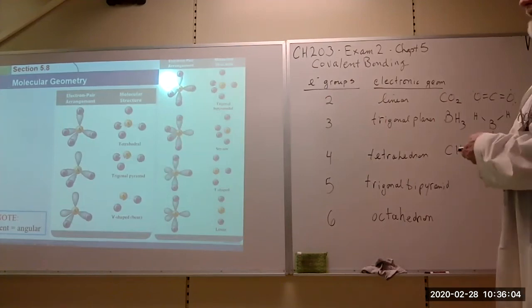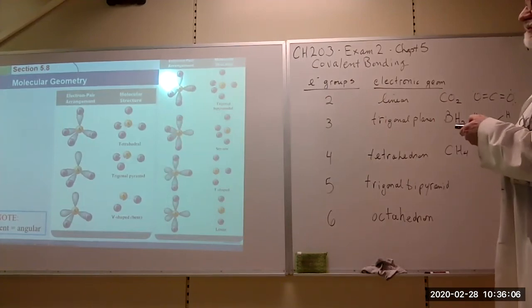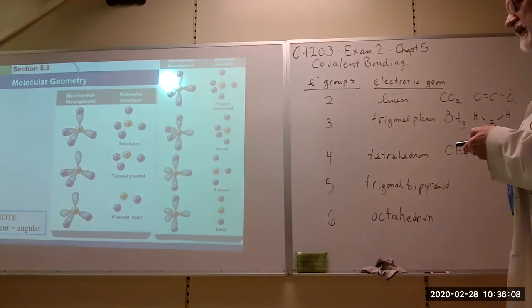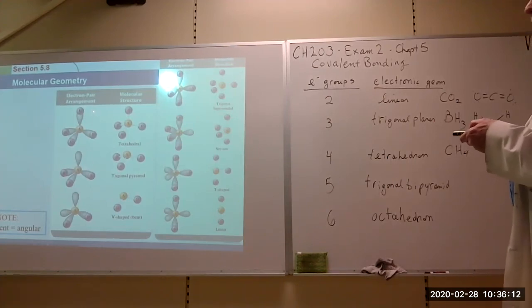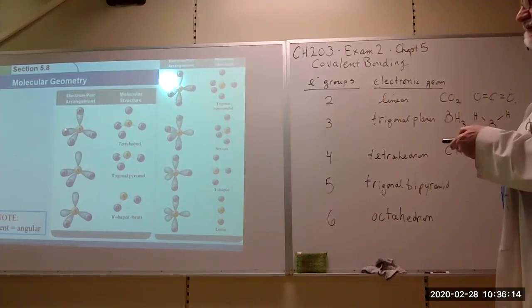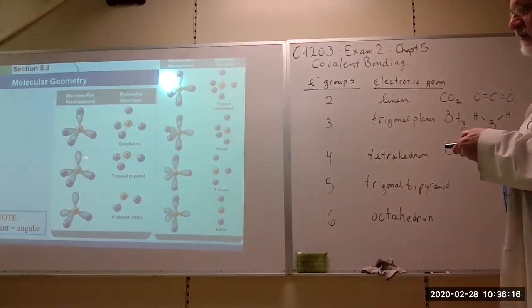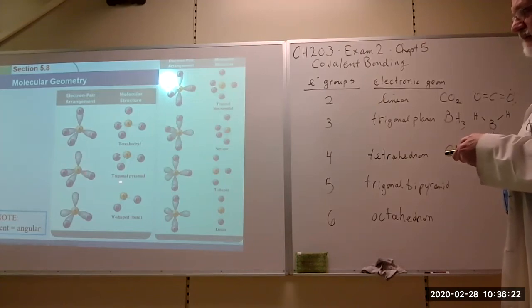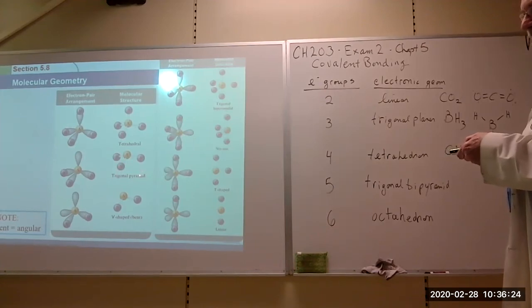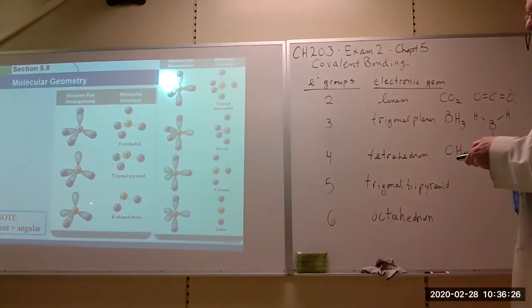If, however, we have a tetrahedral shape, and now one of them is a non-bonding pair, then what's left over for molecular is a trigonal pyramid, like ammonia. Or if 2 of them are non-bonding, you have a bent molecule, like water.